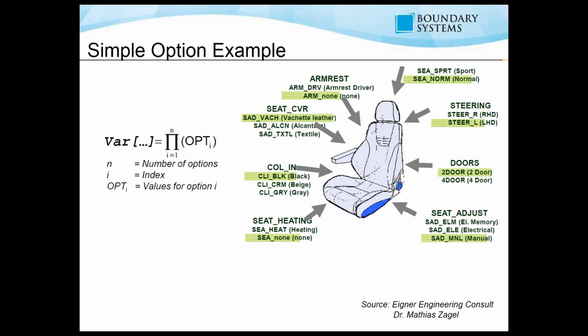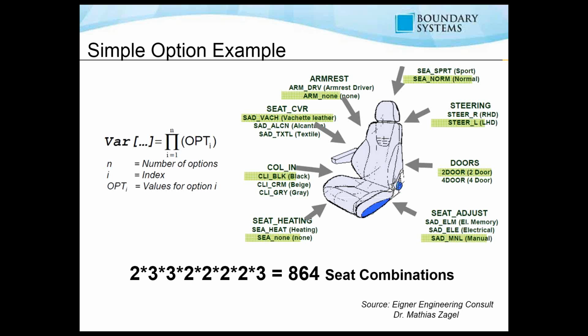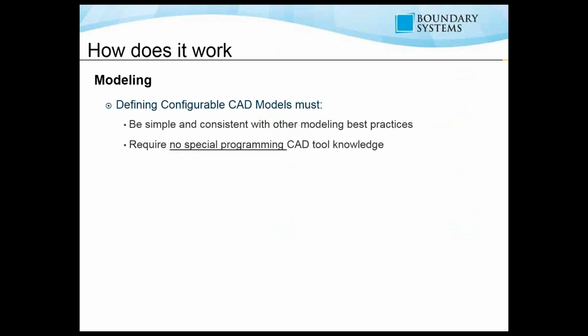But when you use a variable equation to figure out how many variations there can be, you come to find out that just with this car seat, there are 864 seat combinations using just the options that you see there on the slide. So as you can see, things can grow exponentially just by adding options. Once again, that builds in flexibility, but it also can build in complexity. But this is where Option Modeler comes in and allows you to handle that pretty quick and pretty easily.